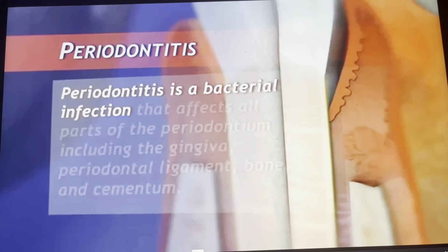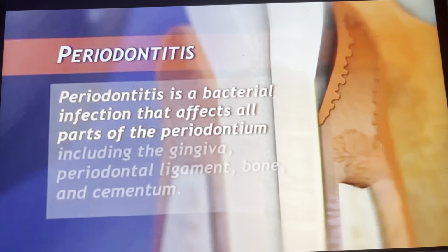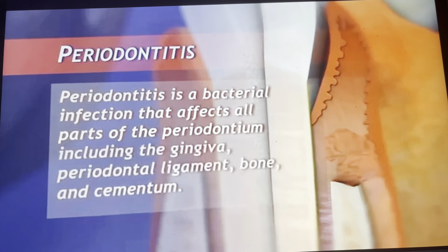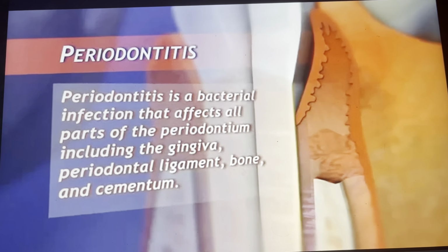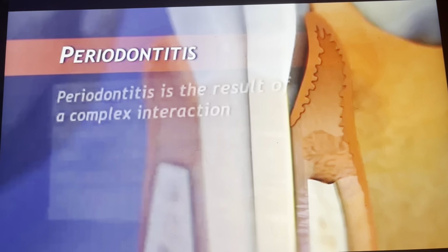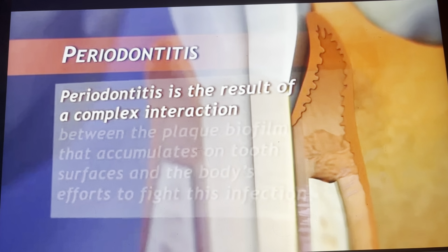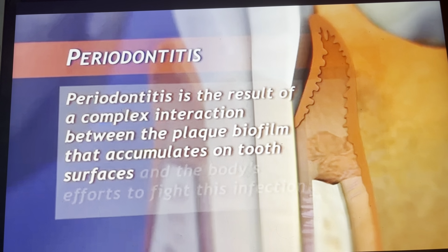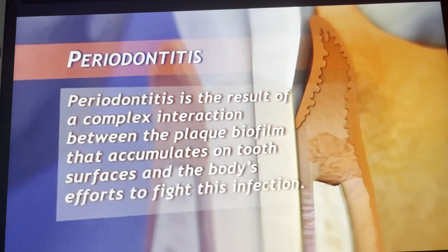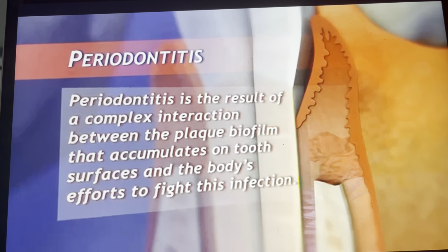Periodontitis is a bacterial infection that affects all parts of the periodontium, including the gingiva, periodontal ligament, bone, and cementum. Periodontitis is the result of a complex interaction between the plaque biofilm that accumulates on tooth surfaces and the body's efforts to fight this infection.